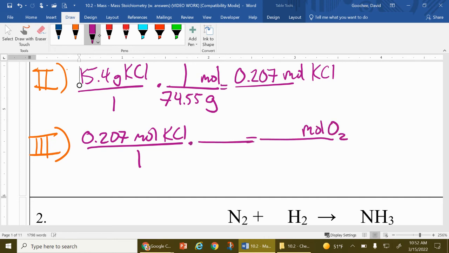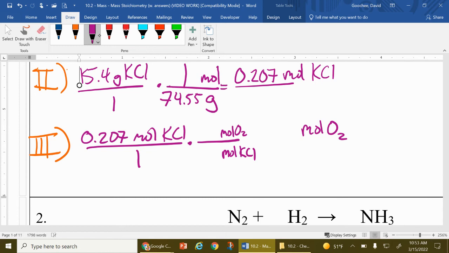So we'll do a little conversion here: moles of KCl into moles of O2.